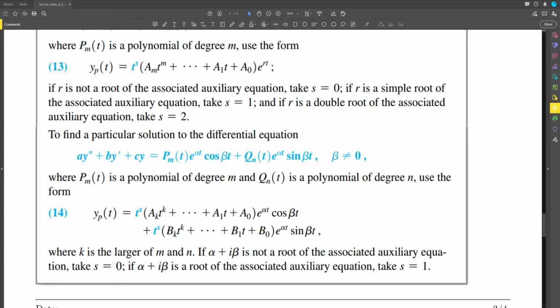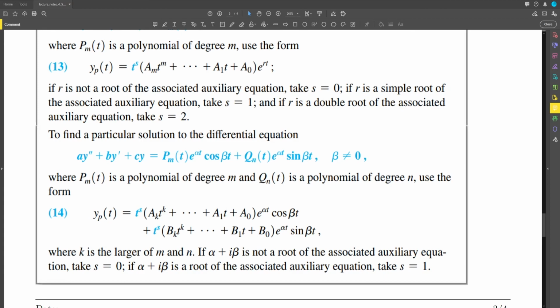the form yp of t equals t to the power s times a general polynomial of degree k times e to the power alpha t cosine beta t plus t to the power s times another general polynomial of degree k times e to the power alpha t sine beta t, where k is the larger of m and n.